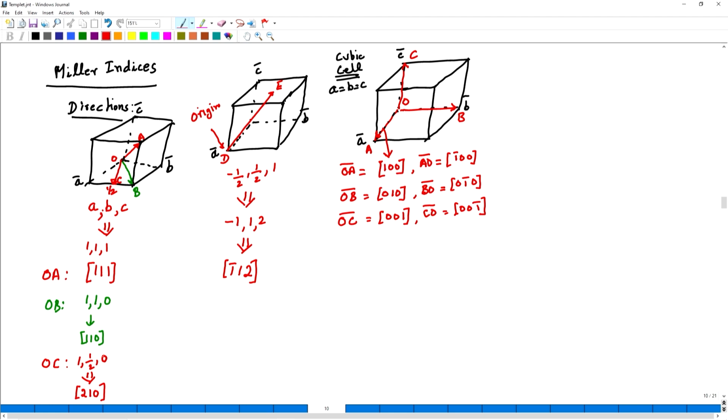Therefore, we can put all of these 6 directions into what we call symmetry equivalent directions.